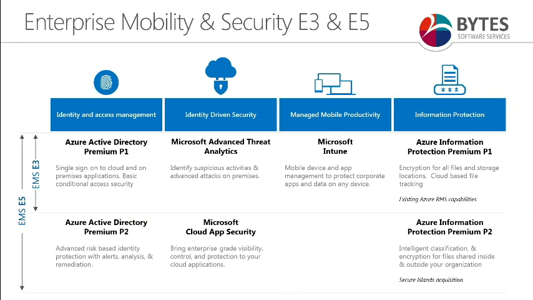We've got Advanced Threat Analytics, so this is actually an on-premises solution, but identifies suspicious activity on your network and flags that. We've got Intune, so mobile device management for pretty much any device. It complements System Center Config Manager, but can be used typically for devices which don't connect to the corporate network.